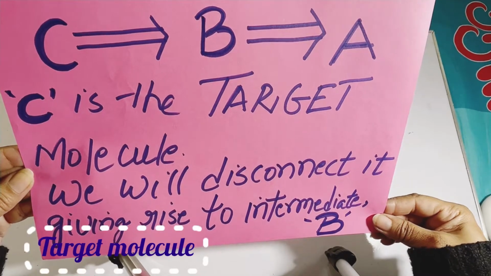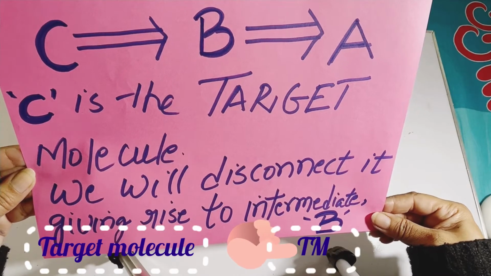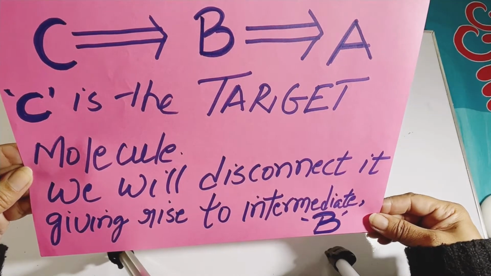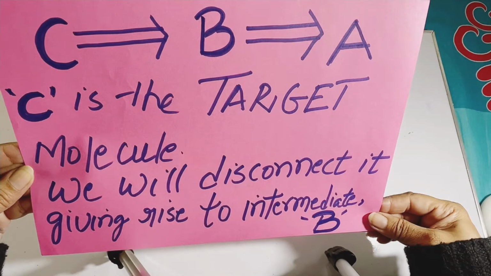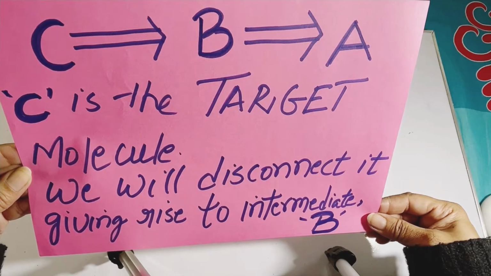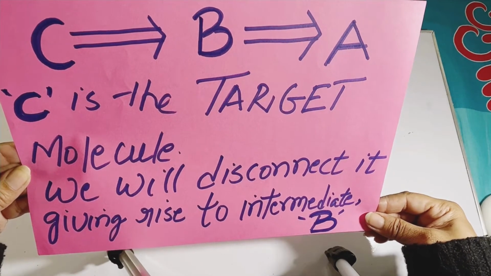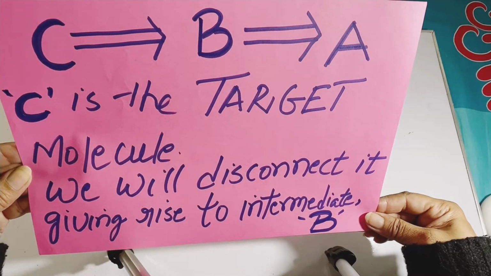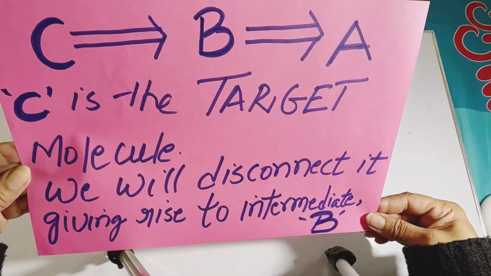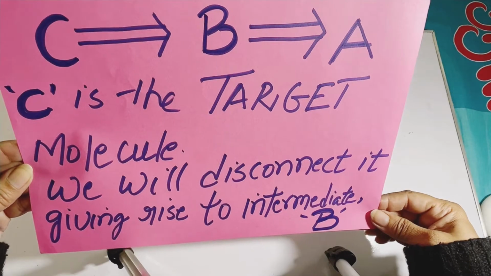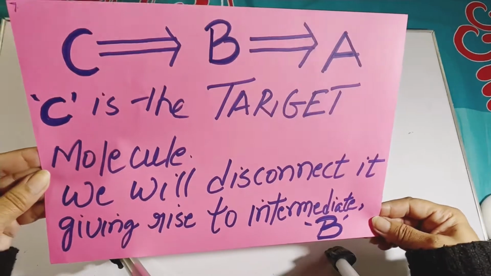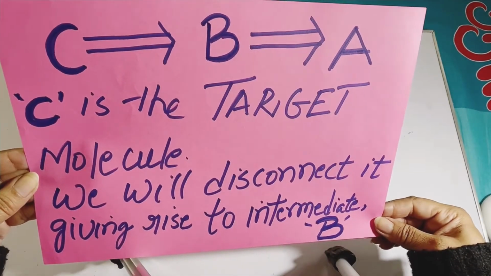I will discuss later what this is, because there are a few terms which you are supposed to learn before we start this topic. That is, what is target molecule, what are disconnections, what are synthons, and a few more terms which you are supposed to learn. So here in this slide, C is the target molecule.